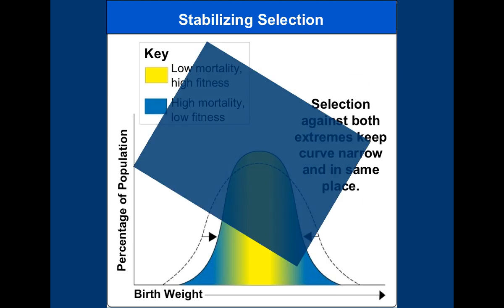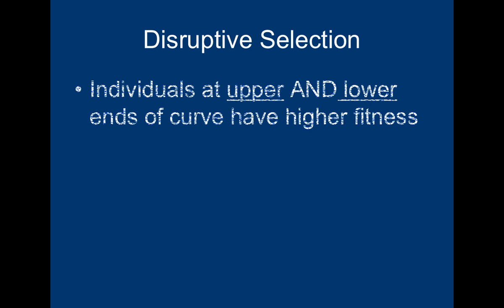Now, disruptive selection, this is the one that tends to lead to evolution, true evolution, because what happens is individuals at both ends of the curve have higher fitness. So both the upper end and lower end, the individuals in the center, for whatever reason, have less ability to survive.